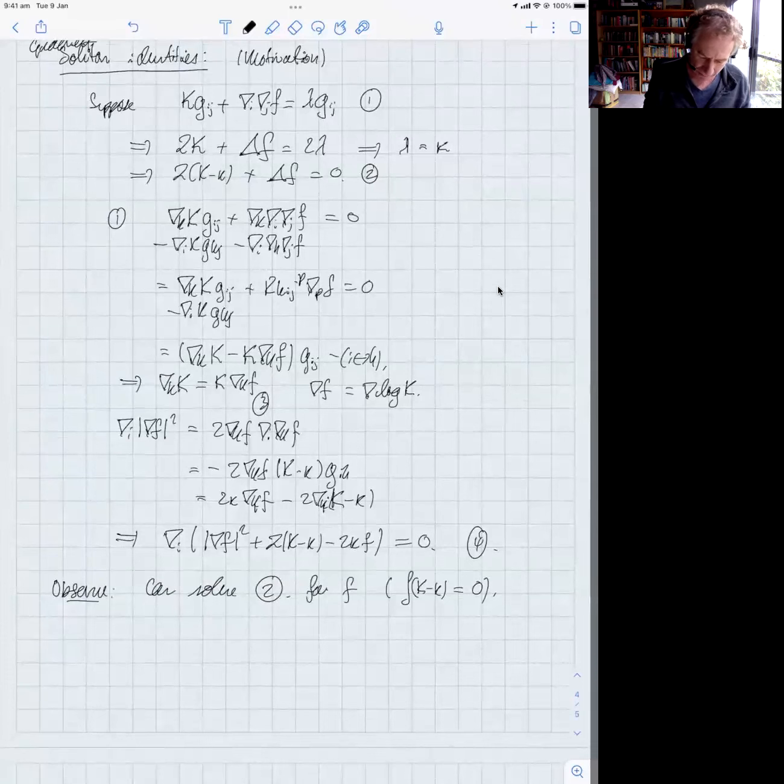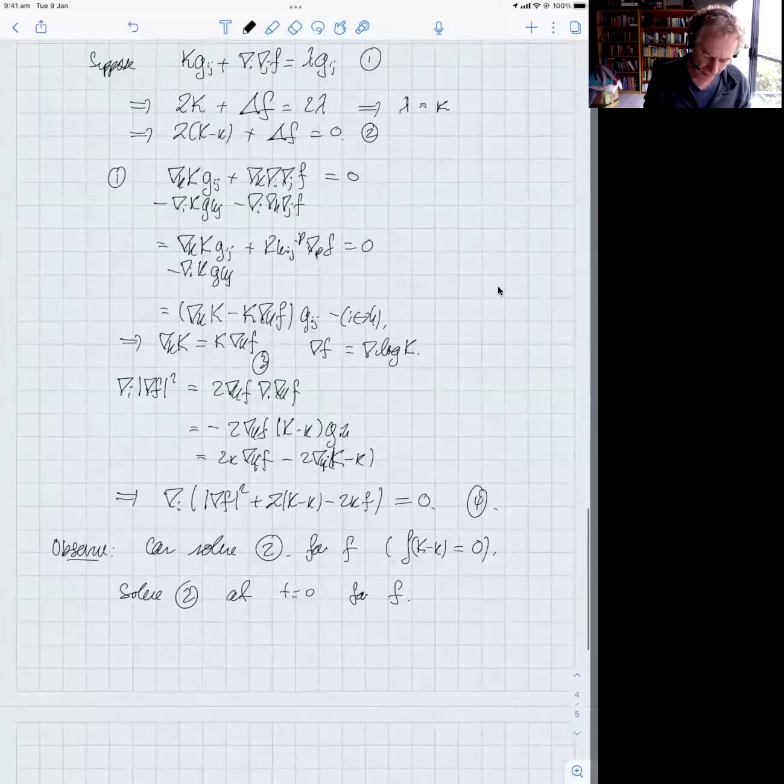But let me approach this slightly differently. I'm going to solve equation 2 at t equals 0 for f. And then I'm going to define f for positive times by this equation.